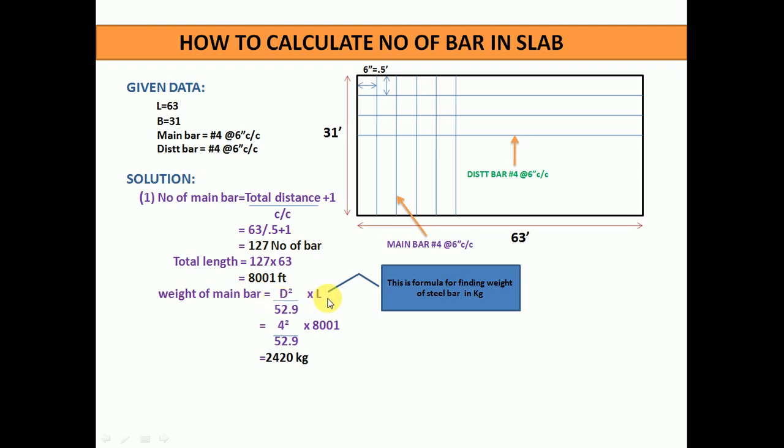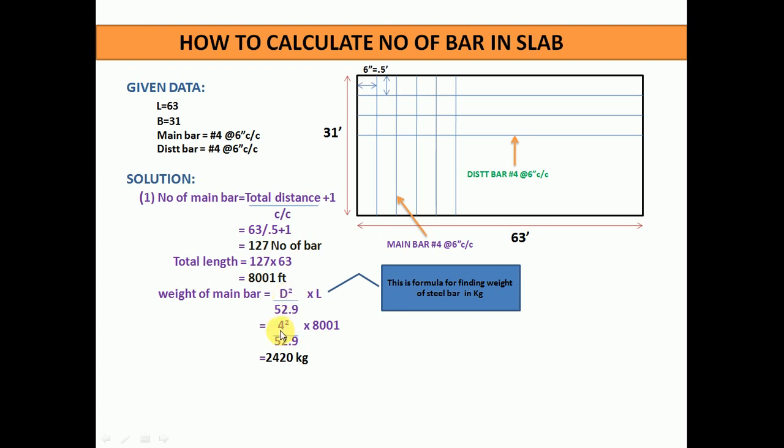For calculating the weight of main bars, here we have the formula for finding the weight of steel bar in kg: d square divided by 52.9 multiplied by L, where d is the number 4 bar.